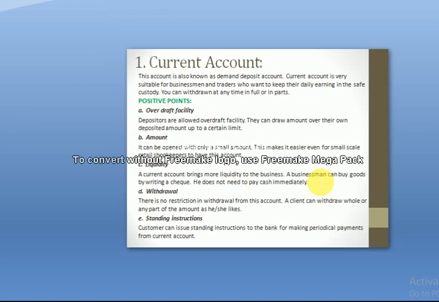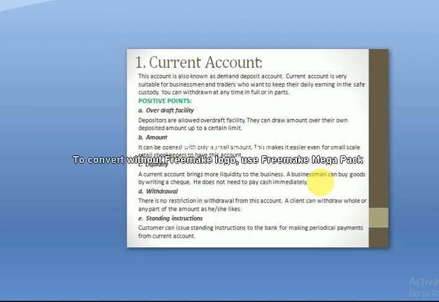Current accounts are mostly suitable for businessmen and traders whose transaction volumes are very high and who want to keep their daily earnings in safe custody as well.